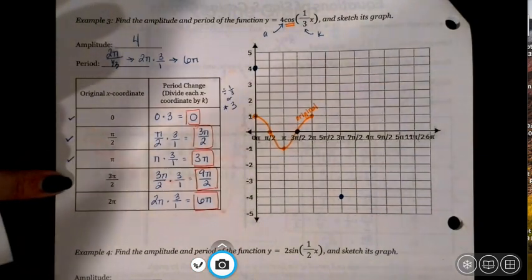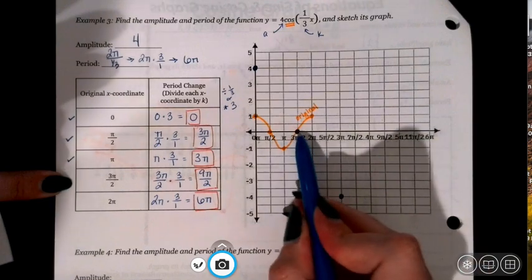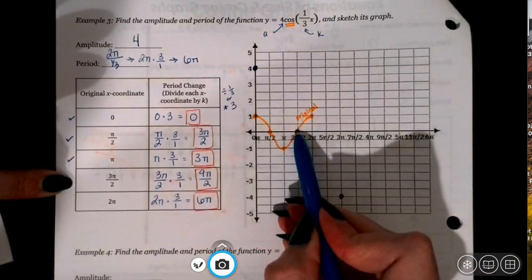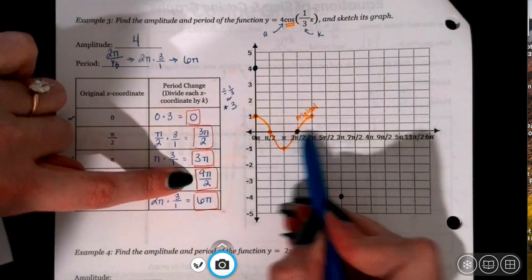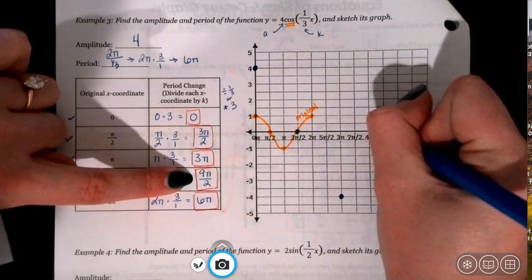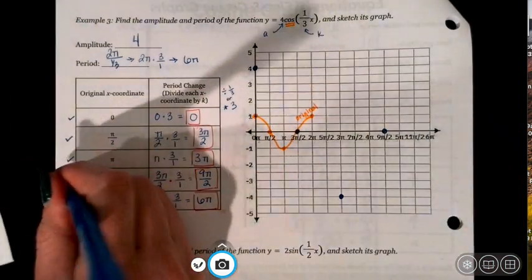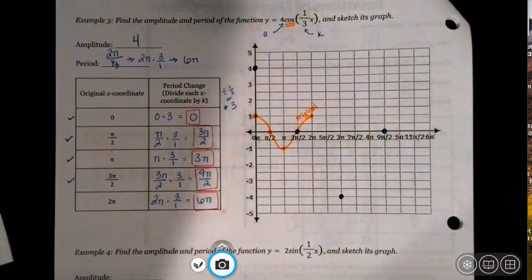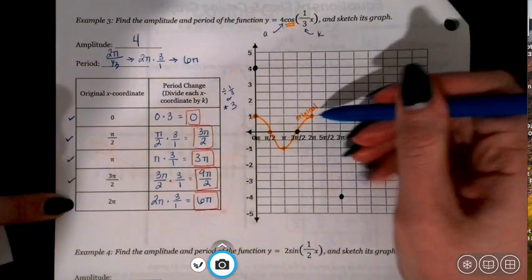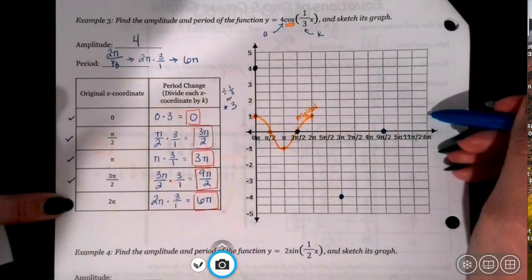3 pi/2. So the point at 3 pi/2 was this orange one that's underneath that blue there. It's getting shifted to 9 pi/2, which is here. Because it's on the x-axis, it stays on the x-axis. And then my last point that was at 2 pi is getting shifted to 6 pi. So all the way over to 6 pi.